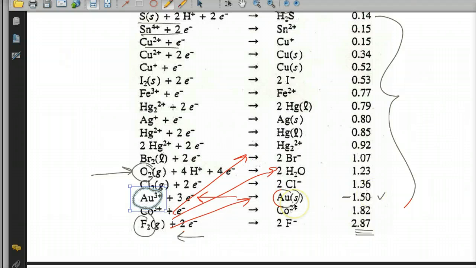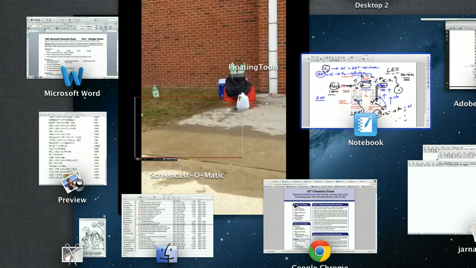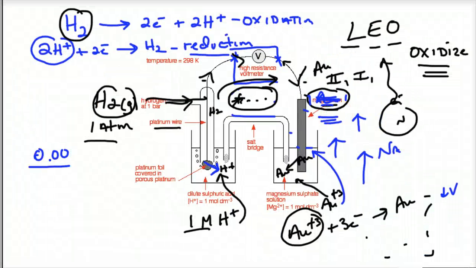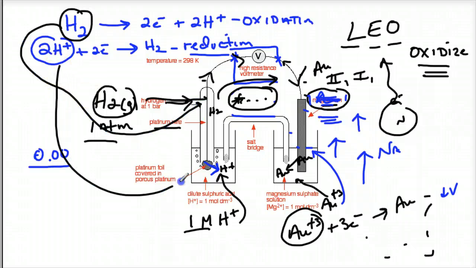So quickly as I finish this standard cell explanation, this H2 and H+ system that are available as either the gas or in solution make the reaction spontaneous one way or the other. So we either force the oxidation of hydrogen by a strong oxidizing agent, or we force the reduction, like in the case of when you had the magnesium in group 1 metals, we forced the reduction because these are strong reducing agents.